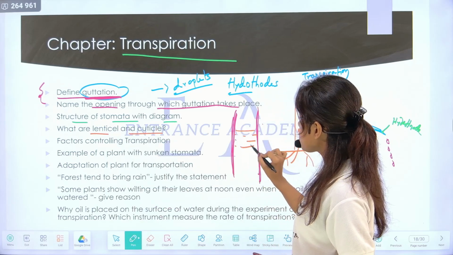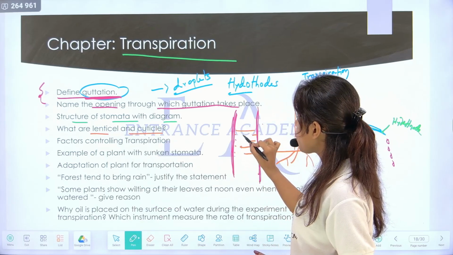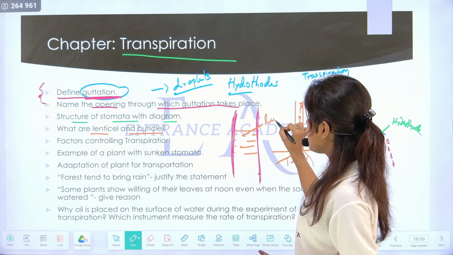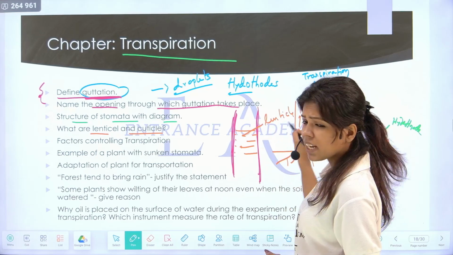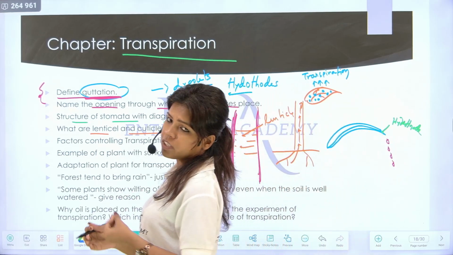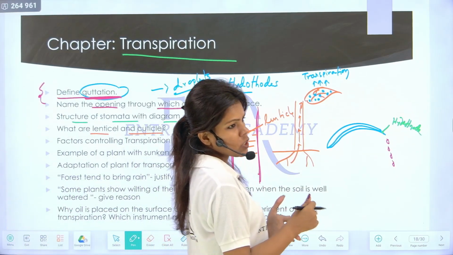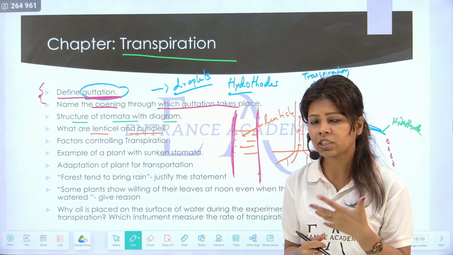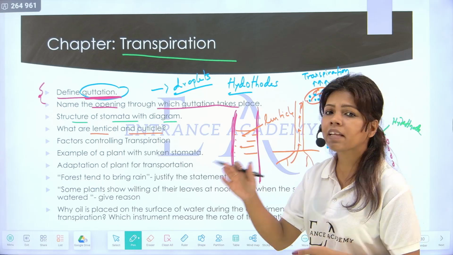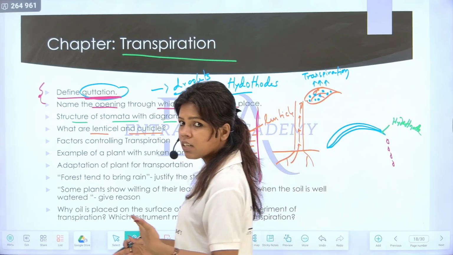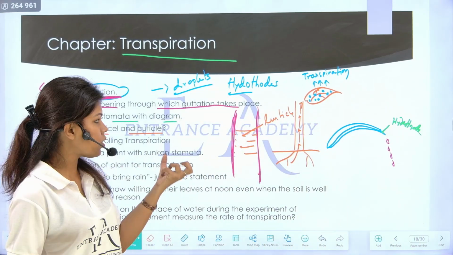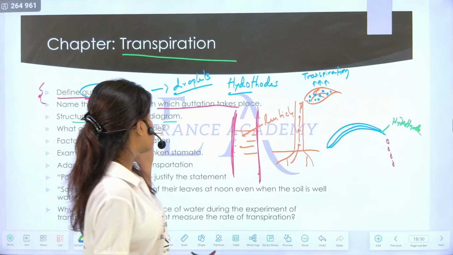And on the surface of the bark, there are some small openings known as lenticels. Through this lenticel, a little amount of transpiration will take place. The majority of the transpiration, that is 90%, takes place by stomata, and the remaining 10% takes place by lenticel, the small opening present on the bark.